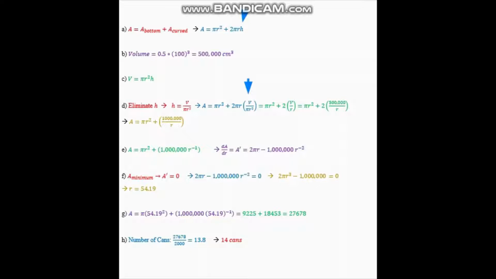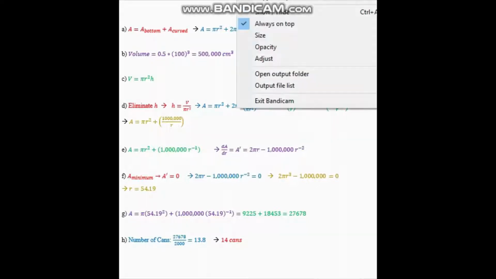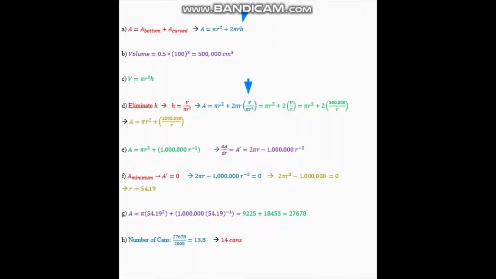We can cancel the pi with the pi in the denominator, and we can cancel the r with one of the r's in the denominator, and we are left with 2 times V over r, which is this green expression right there. So the area is equal to pi r squared plus 2 times V over r.